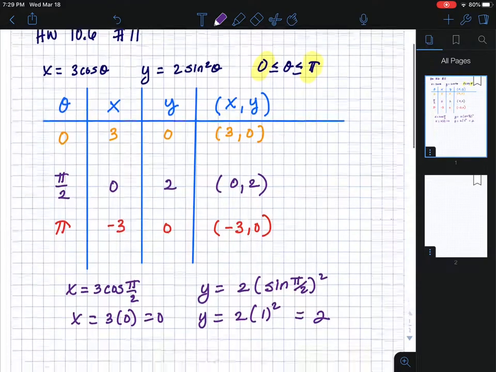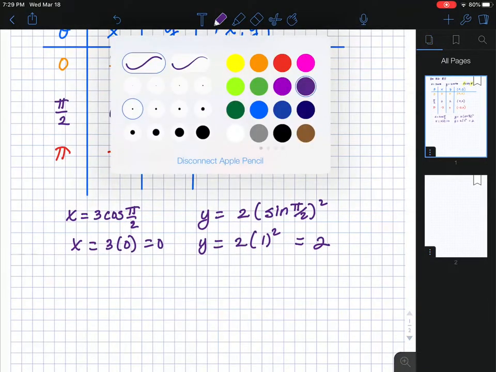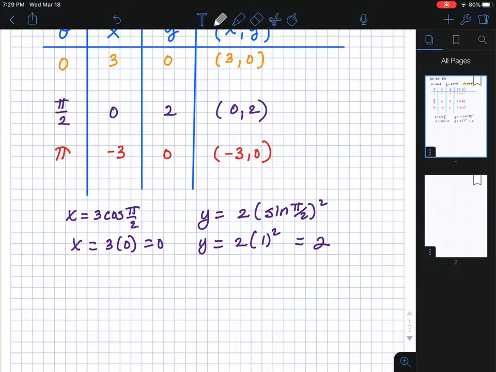So we're just going to plot this down here. 1, 2, 3, -1, -2, -3, 1 and 2.